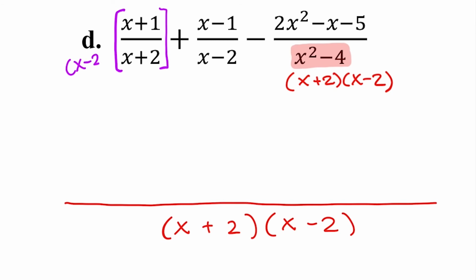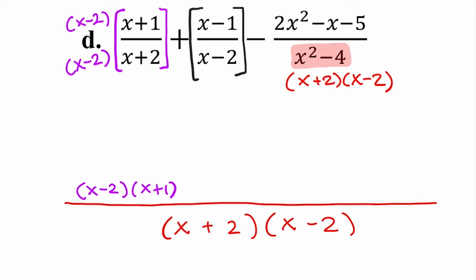So we need to multiply by that on top and bottom. So we will get x minus 2 times x plus 1 in the top. The second fraction is missing the x plus 2 on the bottom, so we need to multiply by that on top and bottom, which means we'll have plus x minus 1 times x plus 2.